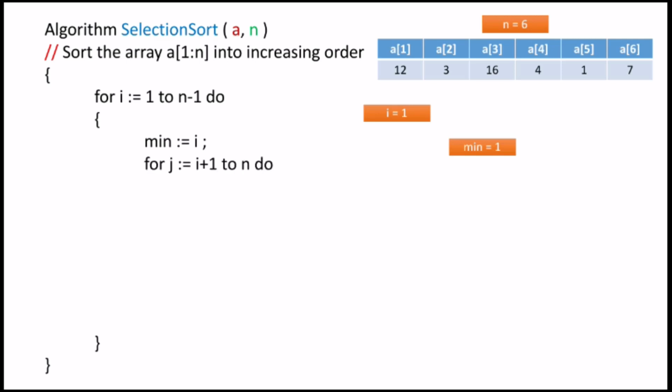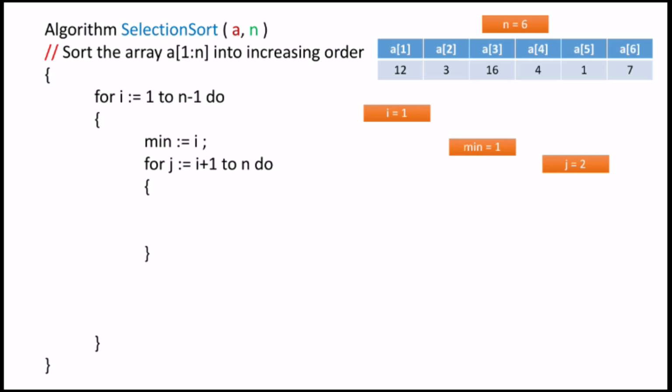This is the statement for that, and this loop will repeat 5 times starting from 2 to 6. So here the value of j is 2. We will write the statements in opening and closing brackets for this loop.